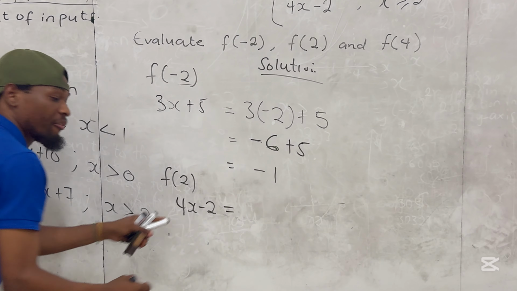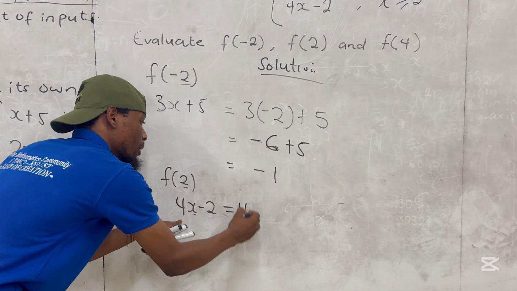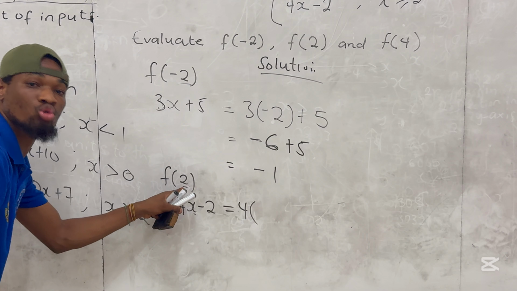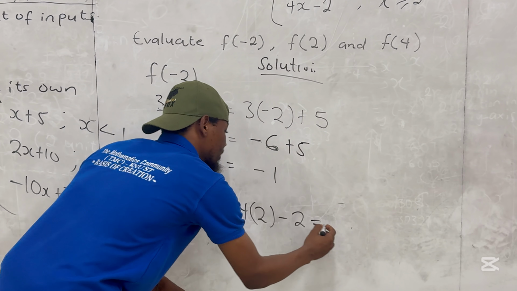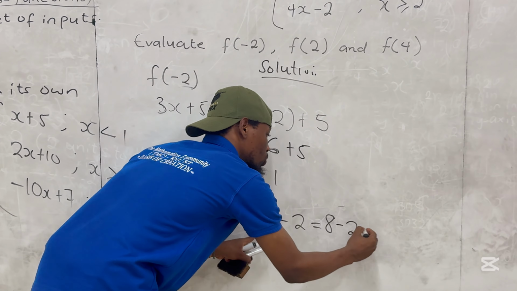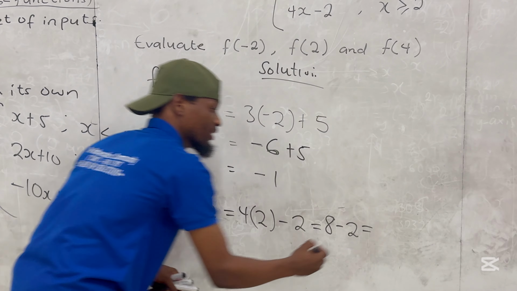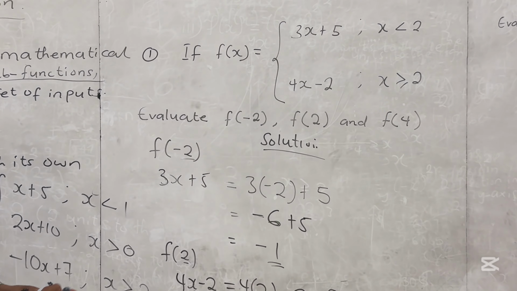If I substitute 2 into this, 4 times x, which is my positive 2, then minus 2. So I will have 4 times 2 is 8, minus 2. So finally the answer gives 6. As simple as that.